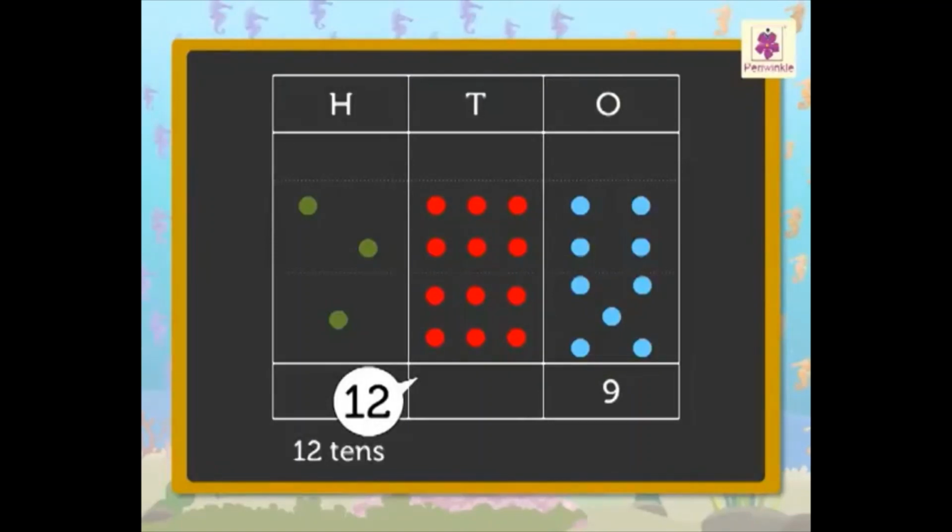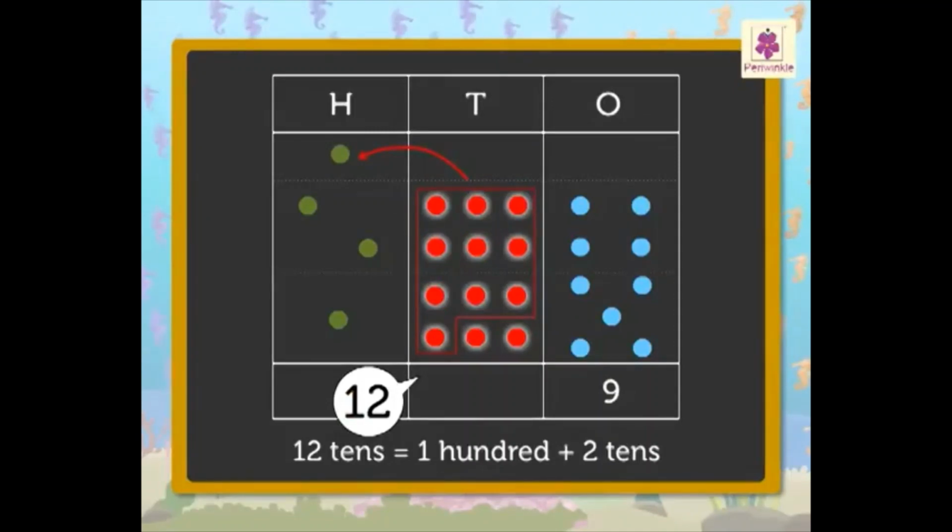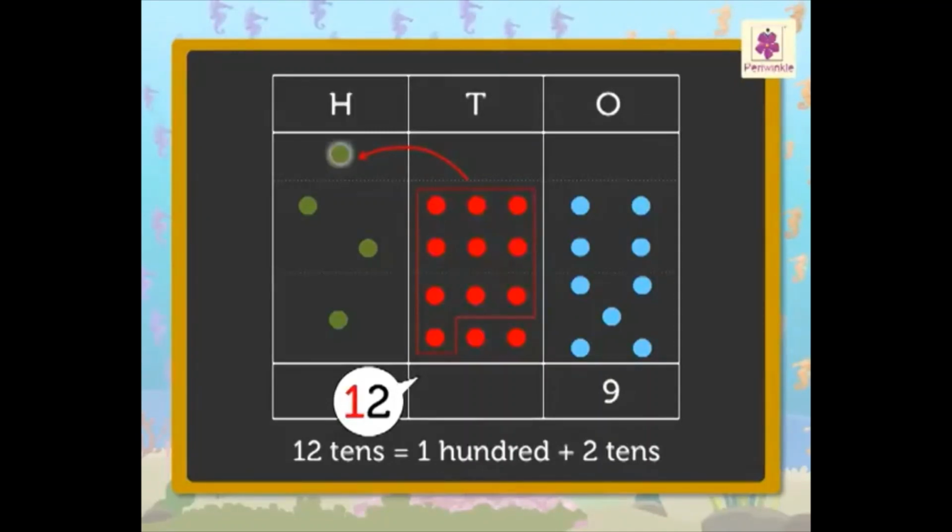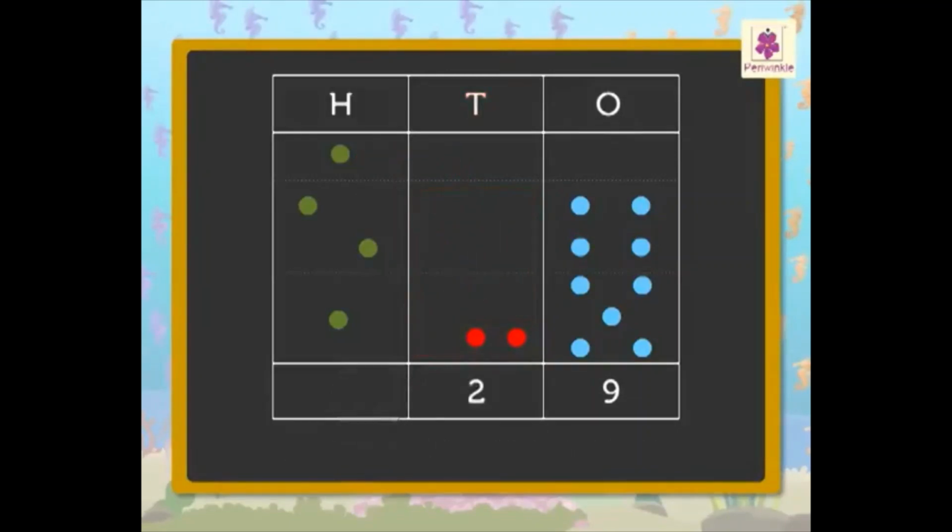We know that 12 tens is equal to 100 and 2 tens. So we represent the 10 red dots as 1 green dot. So we regroup 12 tens as 1 green dot and 2 red dots to get 2 tens.